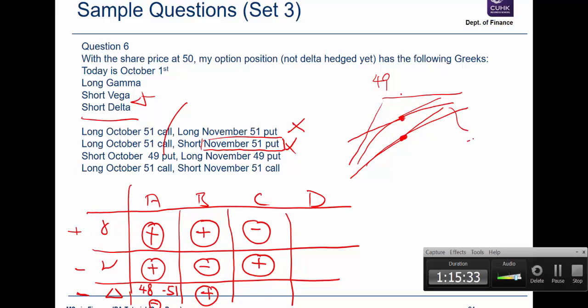So the delta may be like maybe 48 or something, whereas the delta of the one you are long may be 49.